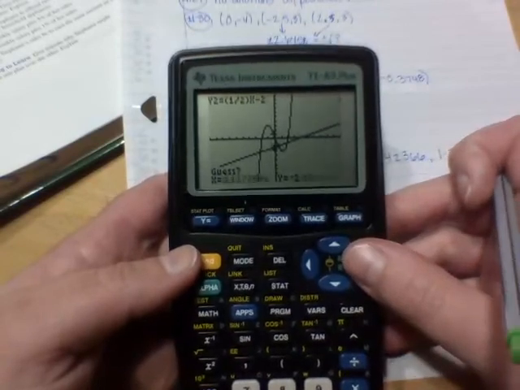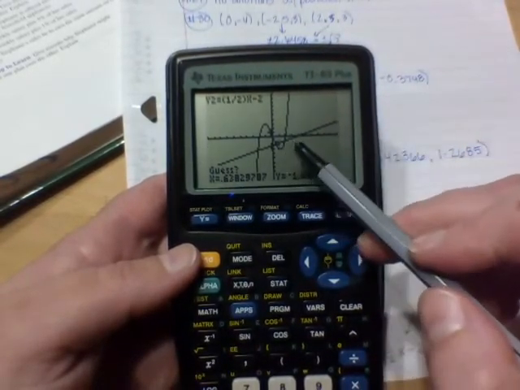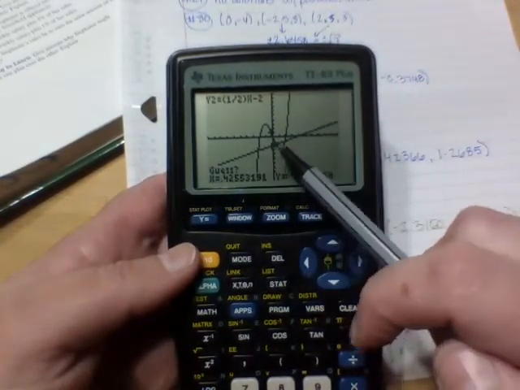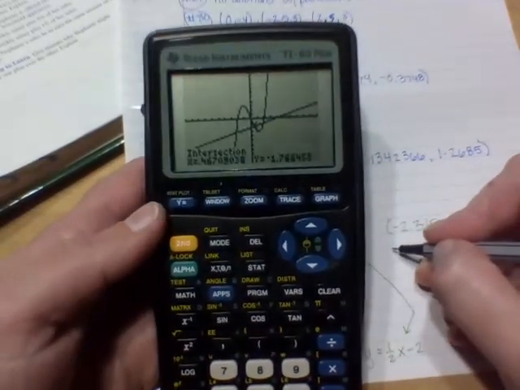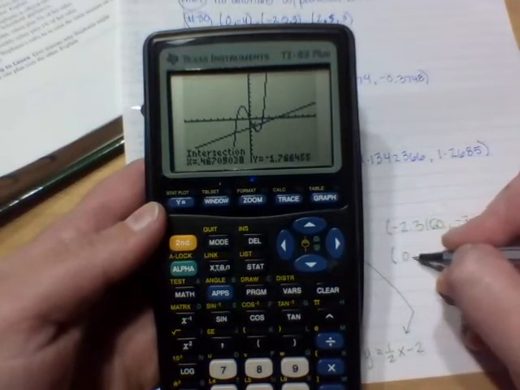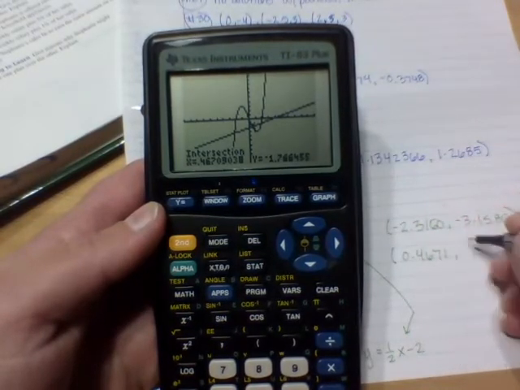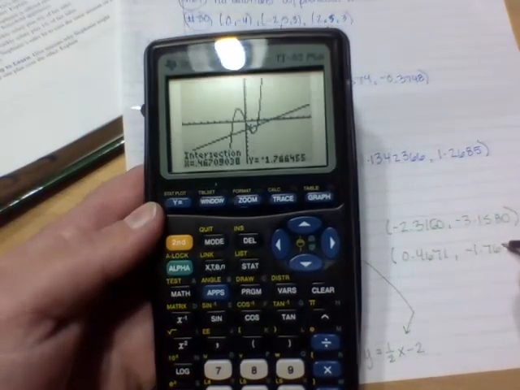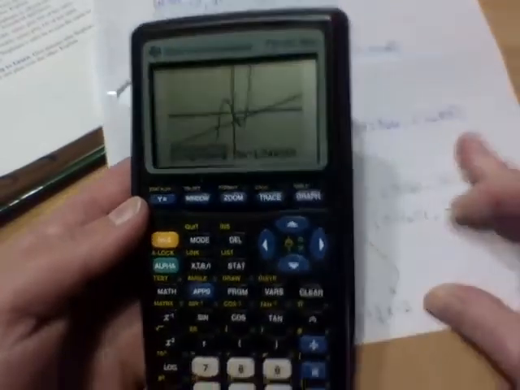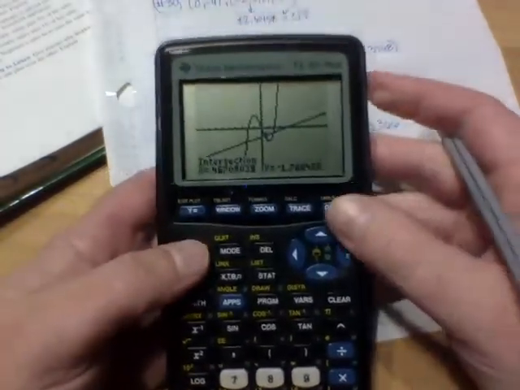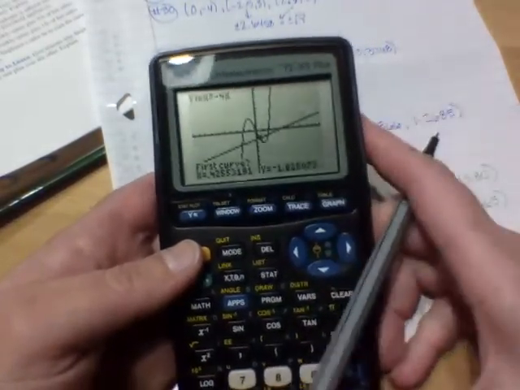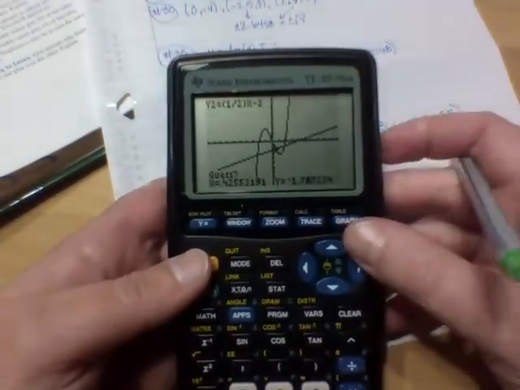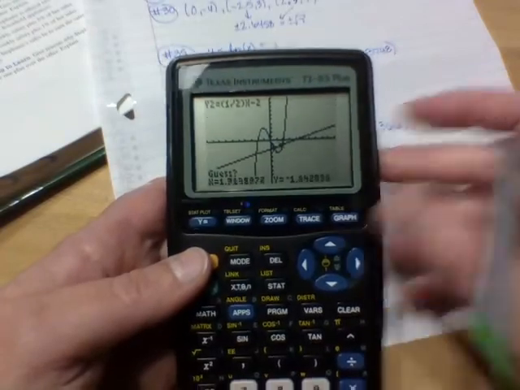Second curve, and then again, we want this point versus that point, so you want to make your cursor as close to that intersection as possible, which gives you 0.4671 and negative 1.7665.